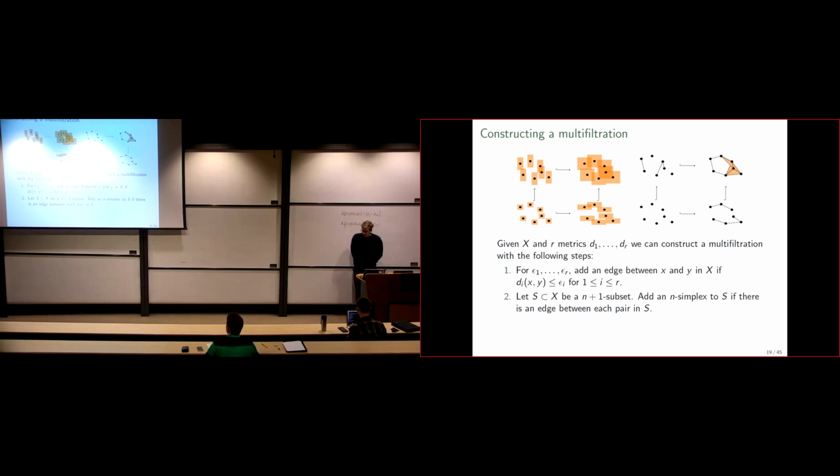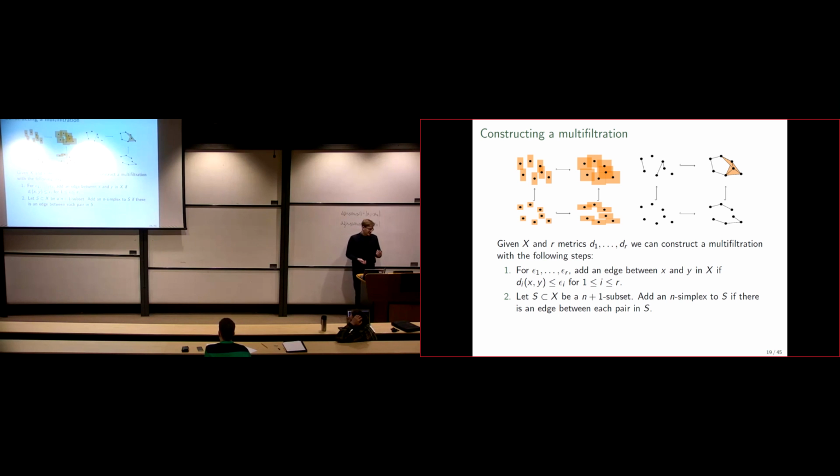We generalize this by saying that instead of two points, we take a subset of the points, and if these balls or rectangles all pairwise intersect between the points in this set, then we add a simplex. If the set is of size n+1, then we add an n-simplex.